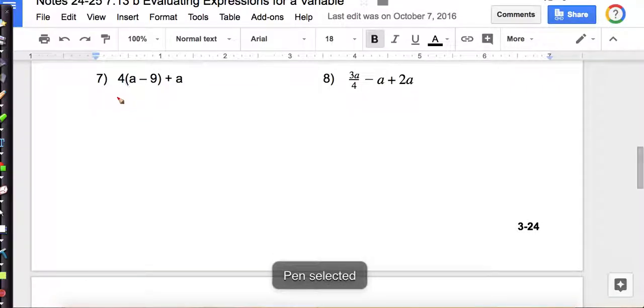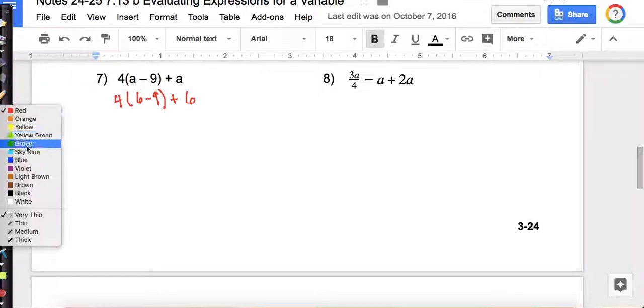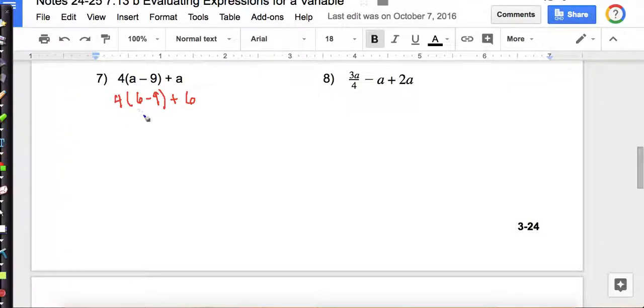We have 4 parentheses 6 minus 9, remember our a is still 6, plus 6. Grouping. So 6 minus 9 is -3.